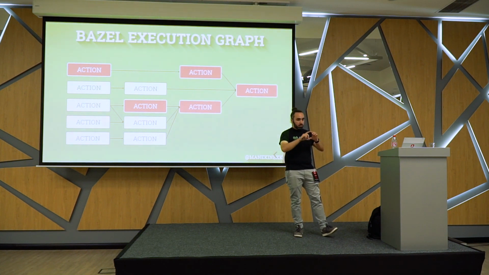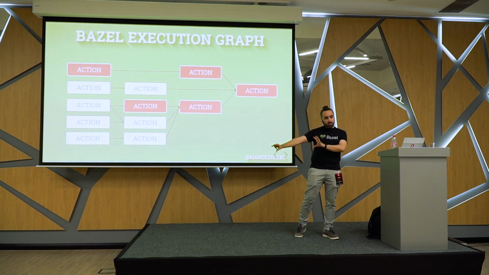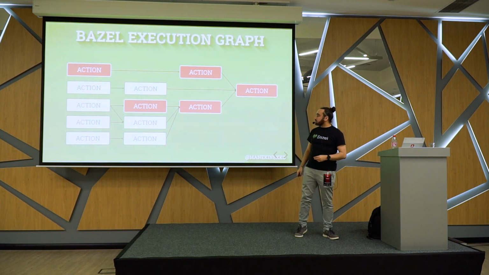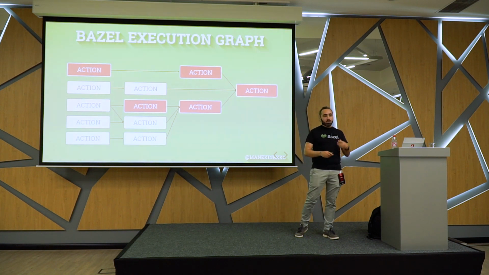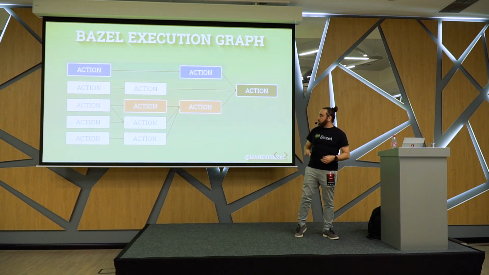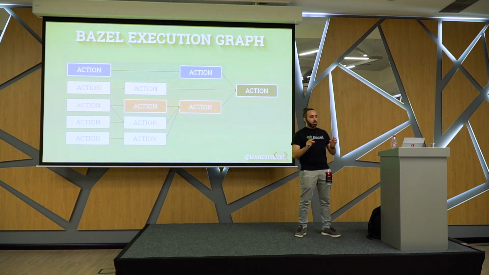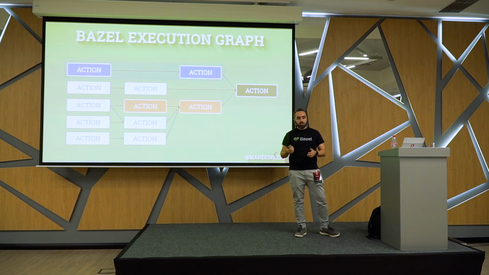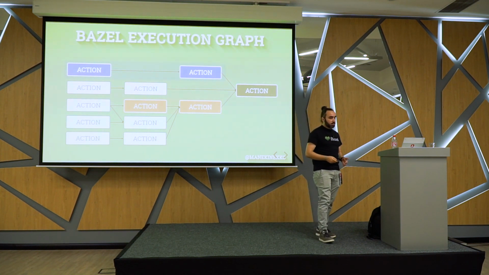So Bazel knows that it needs to rebuild only these two paths. And because Bazel knows that the blue actions and the yellow actions don't have any common dependency, it will be able to run both in parallel and speed up the build process.